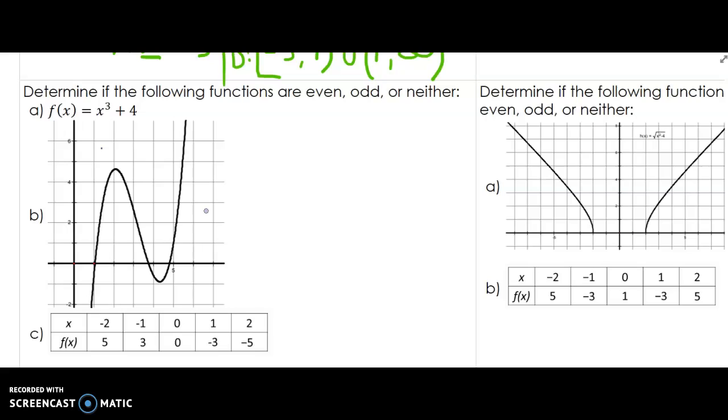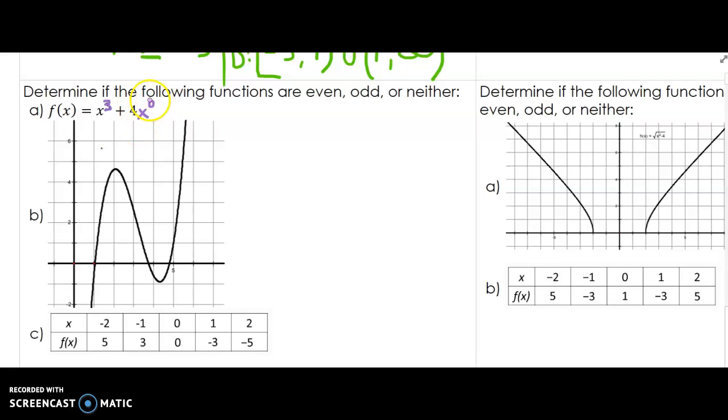Whenever I am given a function like this, the thing I want to pay attention to is my exponents. Reminder that if I have a constant, which I have this plus 4, I always need to write in my x to the 0 because that exponent of 0 matters for me. I'm going to treat that 0 as an even exponent. And so if I'm looking at every single exponent, this first one is a 3, which is odd.